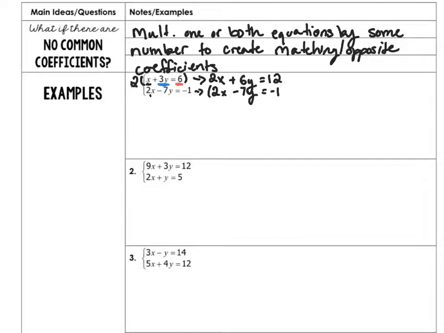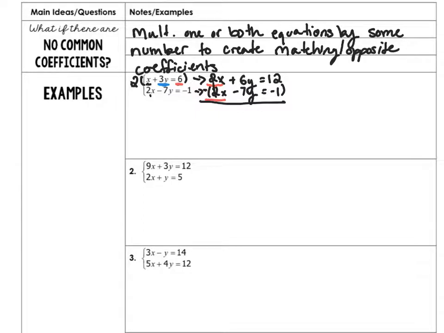Then we need to subtract, going back to our last section. We had 2x and 2x, so we need to subtract all of them. 2x minus 2x cancels out and gives us 0.